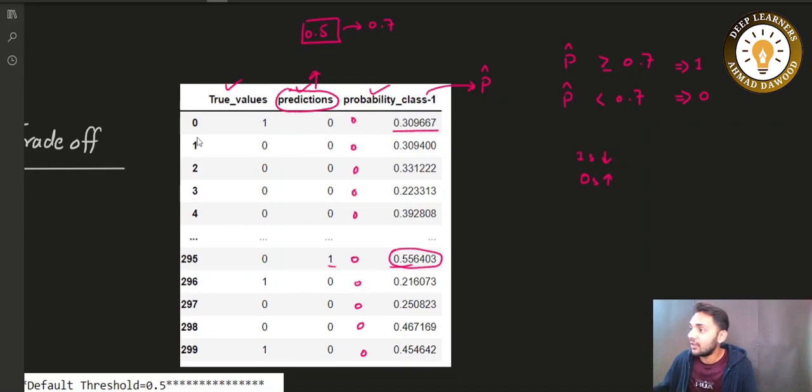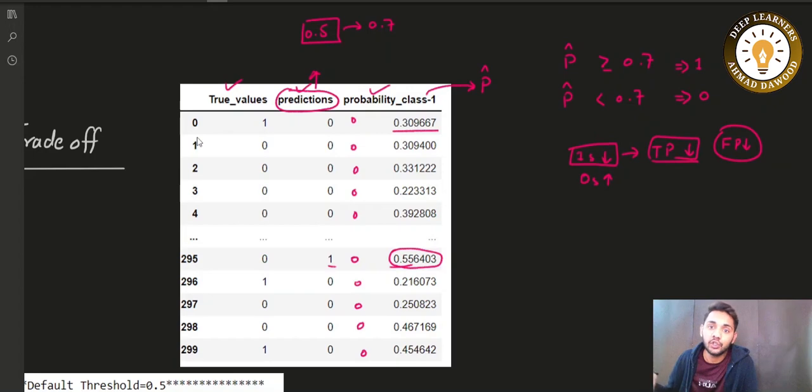So your number of zeros will increase in the prediction column and your number of ones will decrease. When your number of ones decreases, your true positives also decrease and false positives decrease a lot. The reason is that when you are highly confident that this sample belongs to the positive class, then you classify it as a positive. Otherwise, you do not. So that's why your false positives decrease. And true positives, of course, decrease, but this is not due to confidence. These true positives decrease naturally.